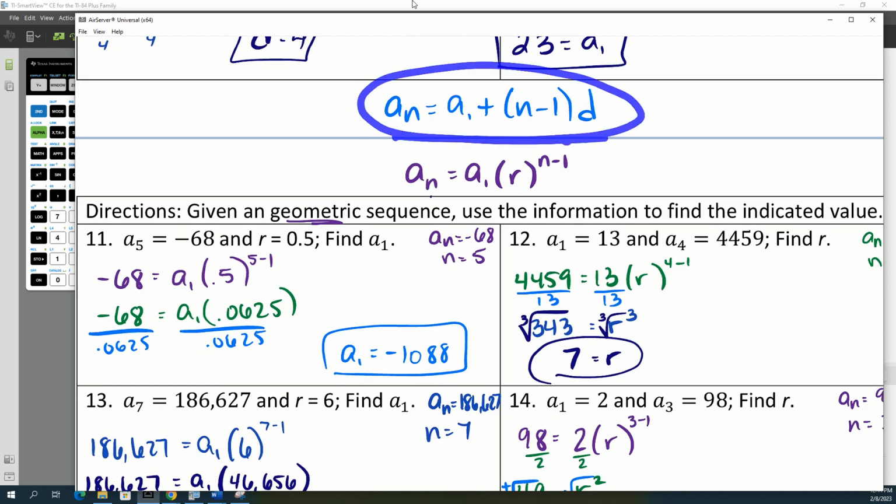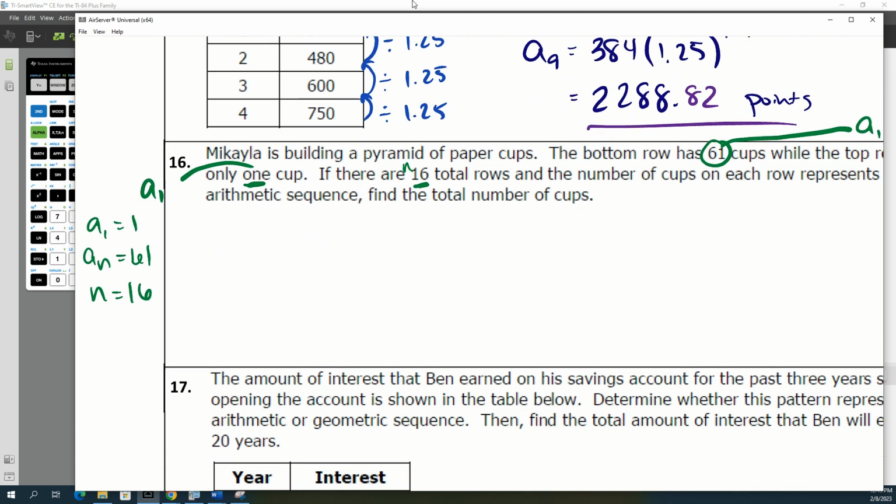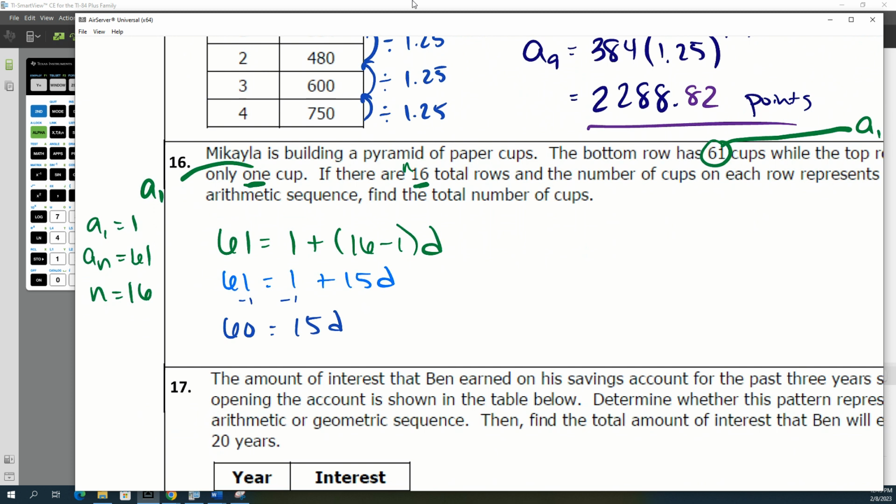So I'm going to take this formula, I'm going to put in everything except D, and then I'm going to find D. All right, so A1 is 1, AN is 61, and N is 16. All right, so I know D is 4.